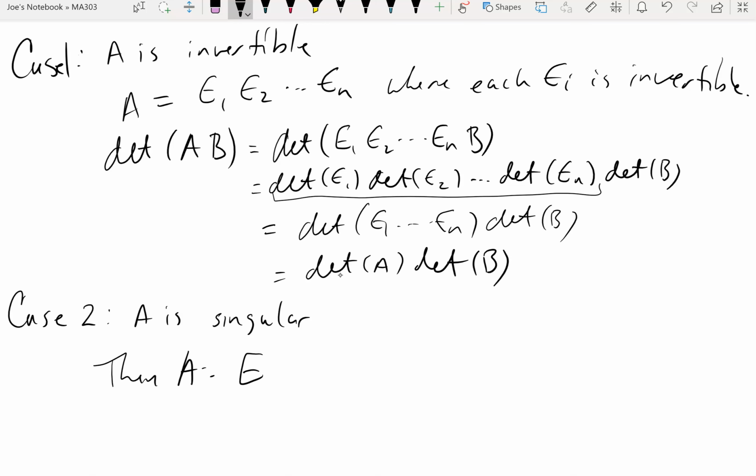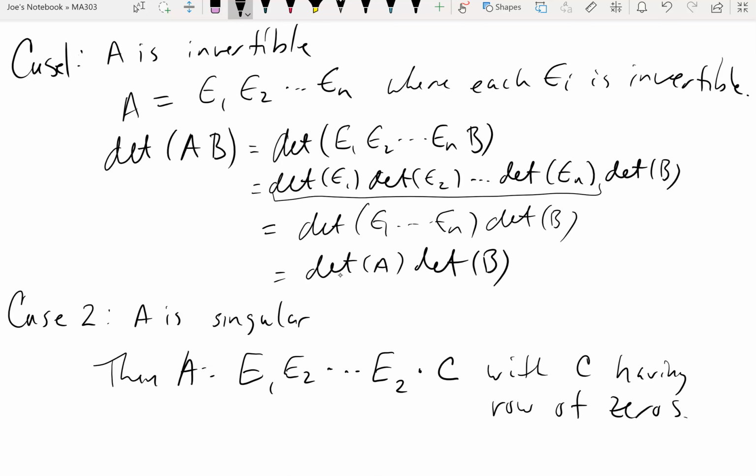So that means that there's a sequence of row operations where I get this down to a product of elementary row operations times another matrix C, where the C has a row of zeros. Think about it this way: we know that if it's invertible, its reduced row echelon form is the identity. So if it's not invertible, its reduced row echelon form has to have a row of zeros in it. Without a doubt, right?